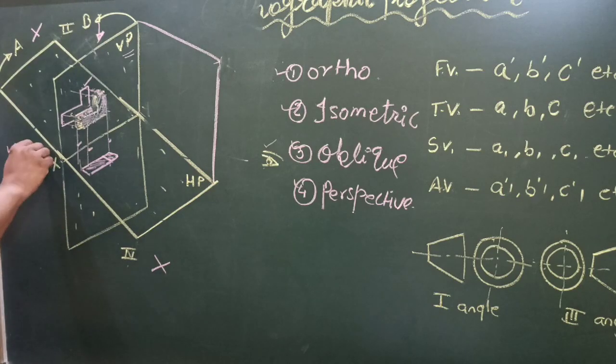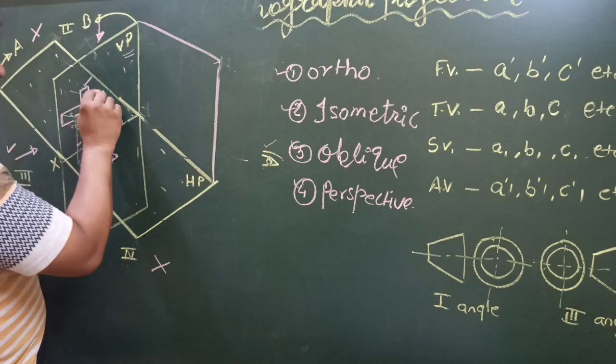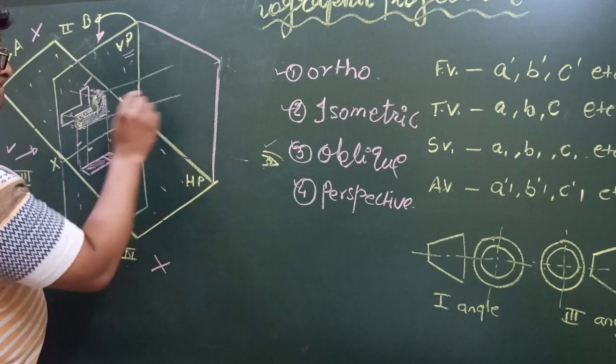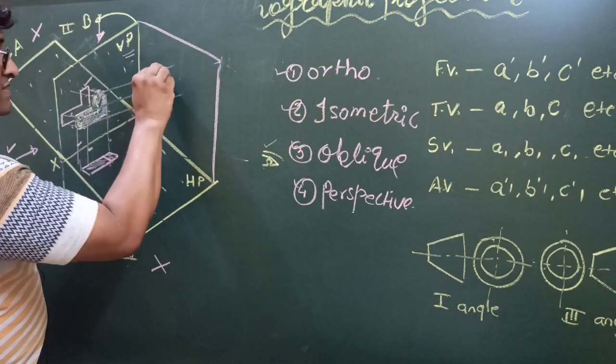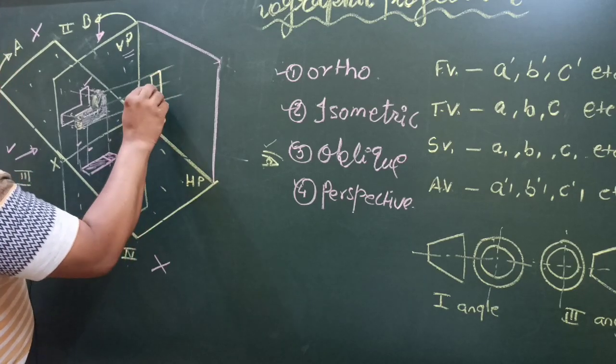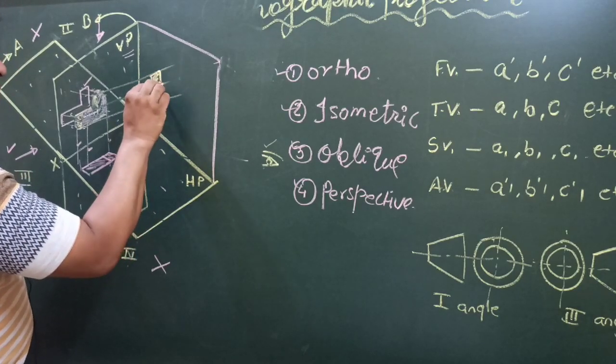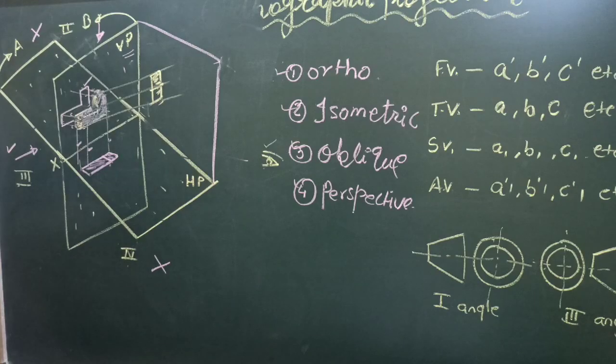So we are looking from this side, so this will be drawn here and it will be something like that. Two rectangles will be there and that will be drawn in the side view.